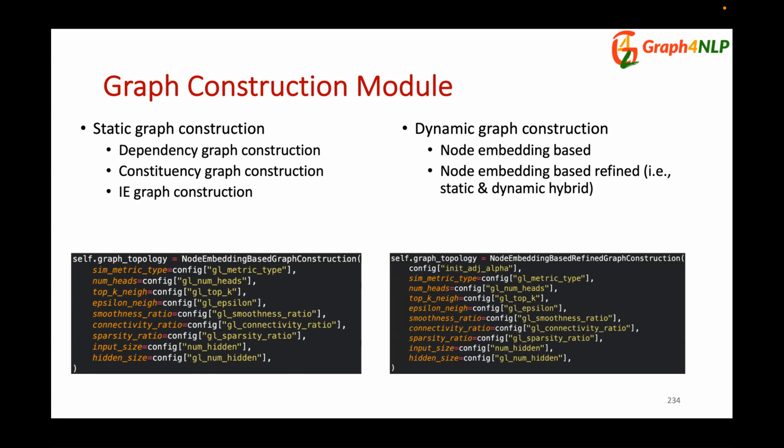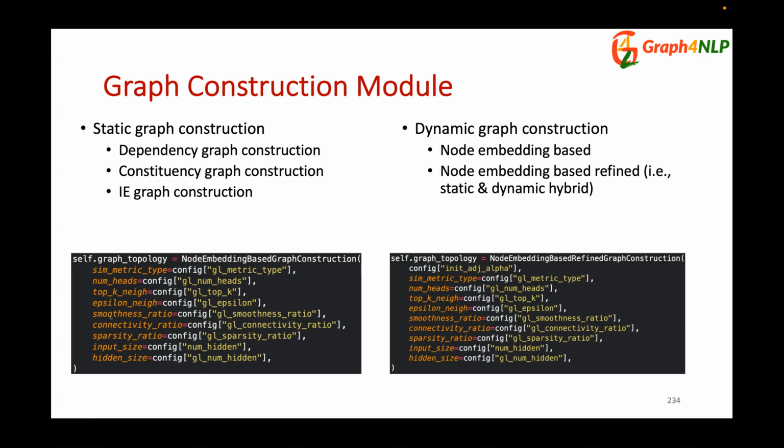Here are some examples of how we can call the dynamic graph construction module APIs. For the first one, there are some important parameters, for example the metric type parameter, where we can specify which kind of graph similarity metric learning function we want to use, either attention based, cosine based, and so on. There are other important parameters like top K neighbor and epsilon neighbor, which we can use to enforce the sparsity of the learned graph structure.